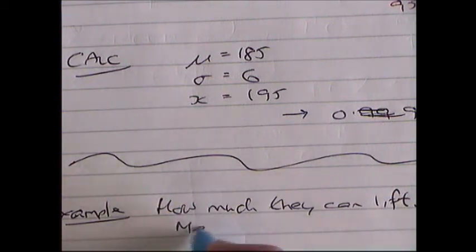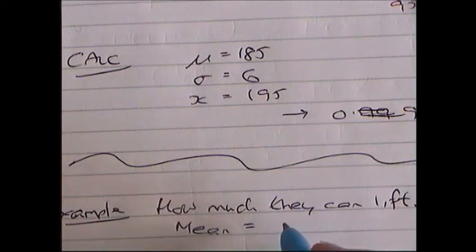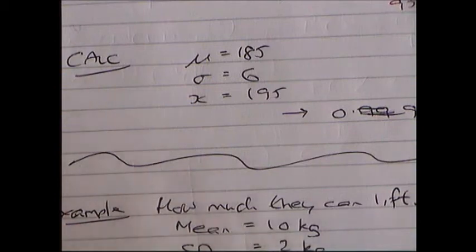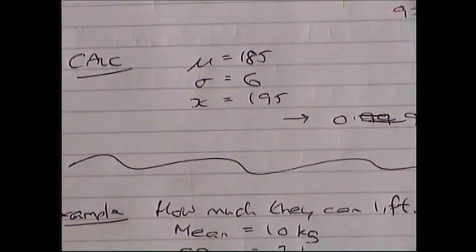Right. The great god of statistics is telling us that they can lift 10 kilos, with a standard deviation of 2 kilos. Now we have observed from the girl in front of us, called Sinead, that Sinead can lift 13.5 kilograms.